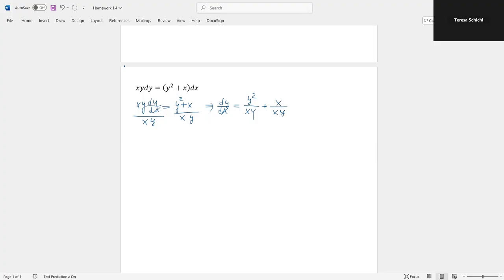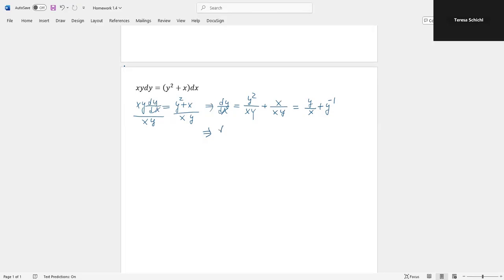So now I can simplify this. y squared over xy gives y over x. And for the last term, the x's cancel, and I get y to the negative 1 power. Now I start to recognize this as kind of a linear form.